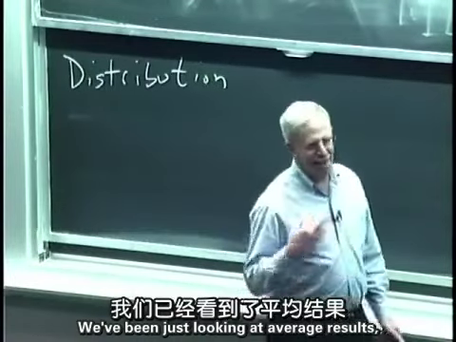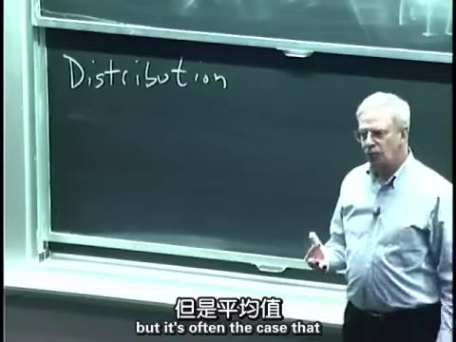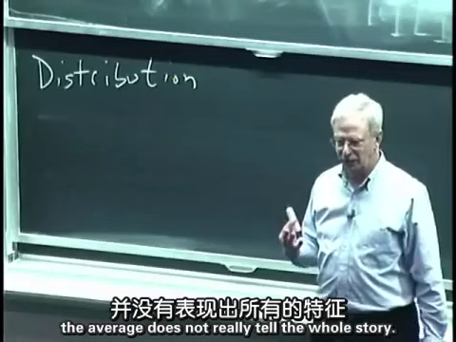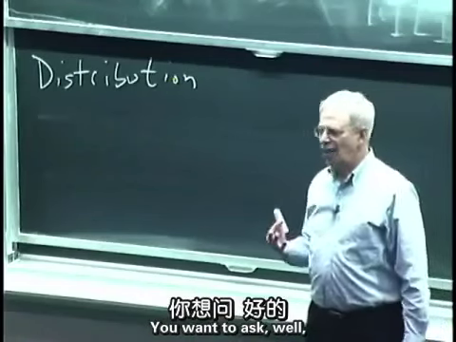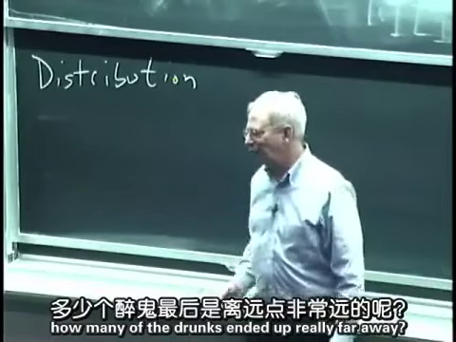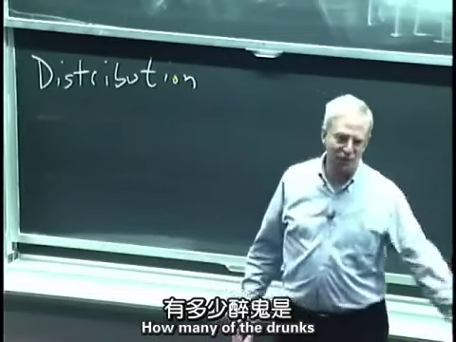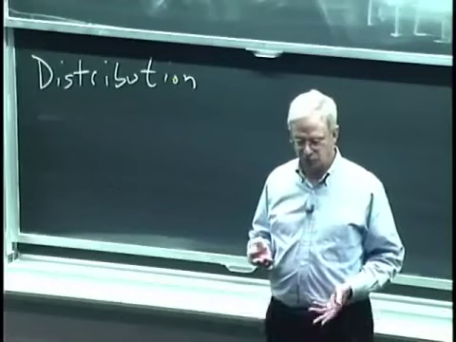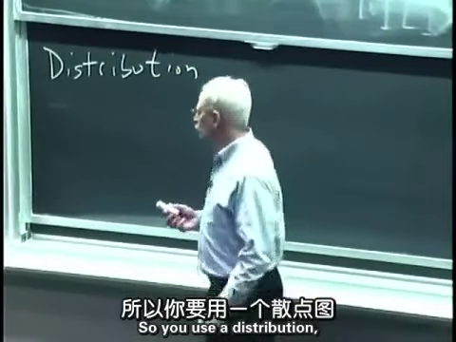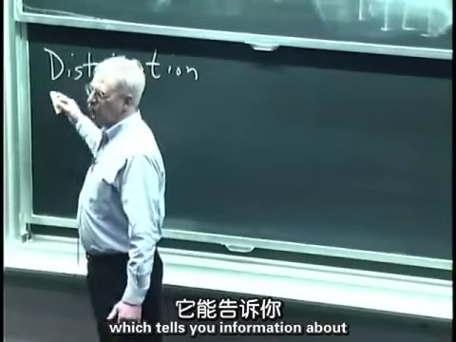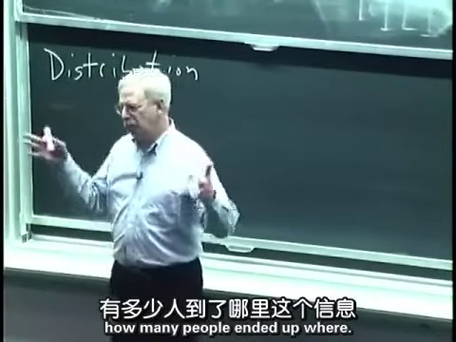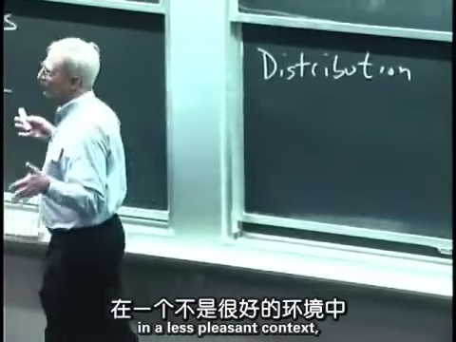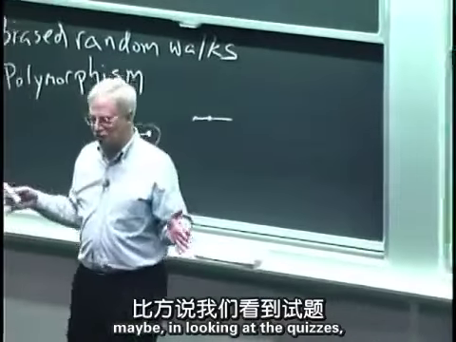We've been just looking at average results, but it's often the case that the average does not really tell the whole story. You want to ask, well, how many of the drunks ended up really far away? How many of the drunks ended up where they started? You can't tell that from the averages. So you use a distribution, which tells you information about how many people ended up where. We saw that in a less pleasant context, maybe, in looking at the quizzes.